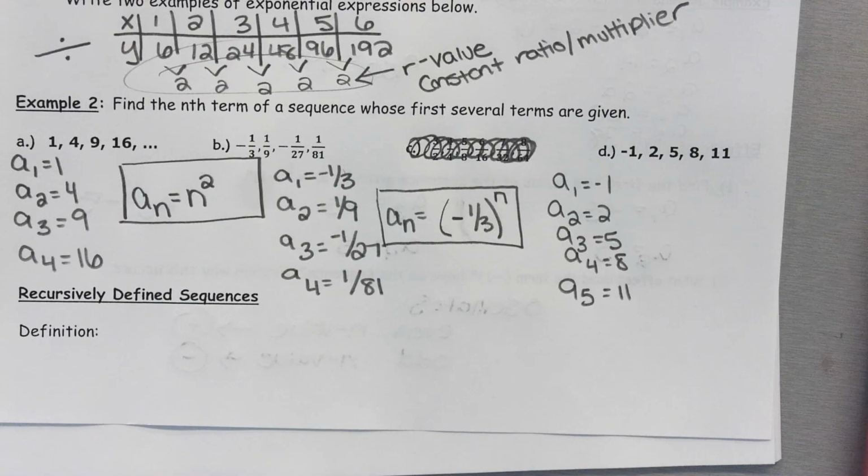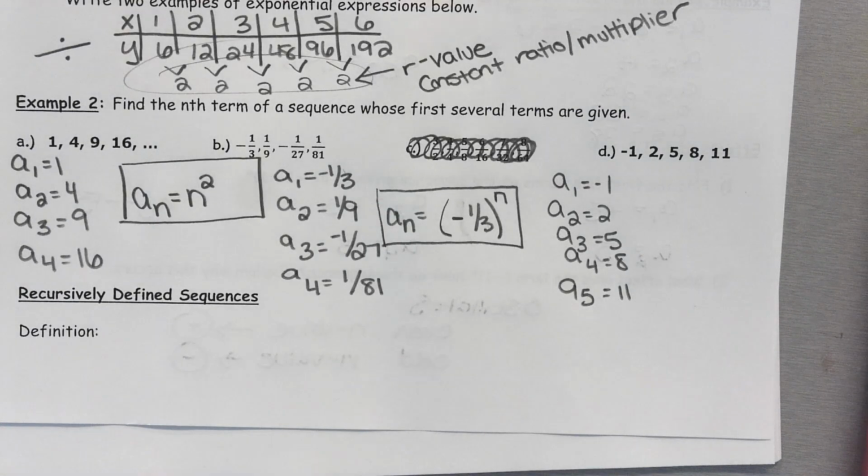Do you see how when I look at these, I don't really see a relationship between the term number and what my value is? Okay, let's think about it from a linear, quadratic, cubic sort of standpoint. Is there a constant change? Yeah.